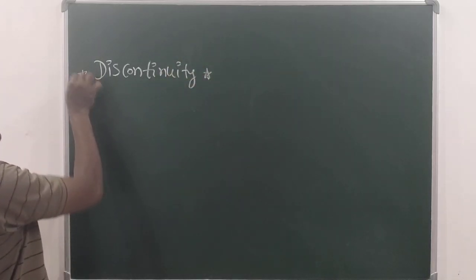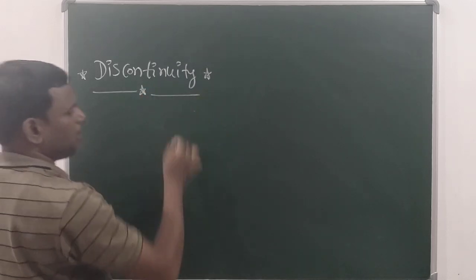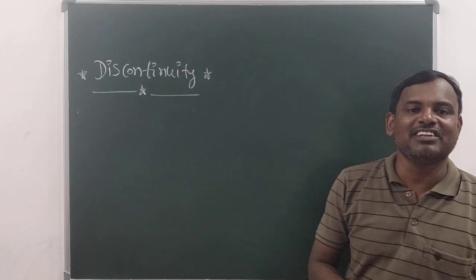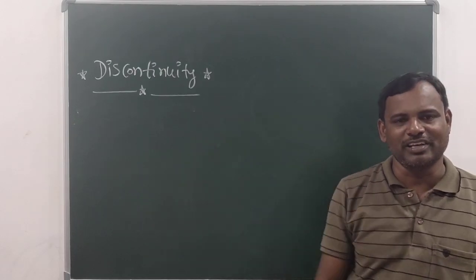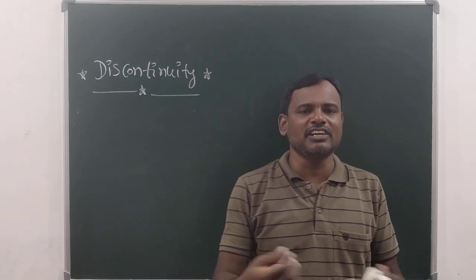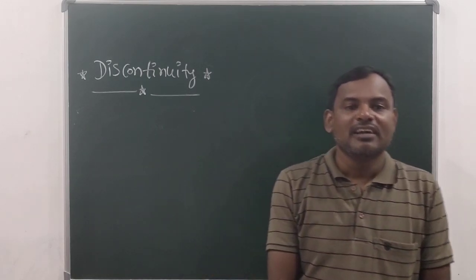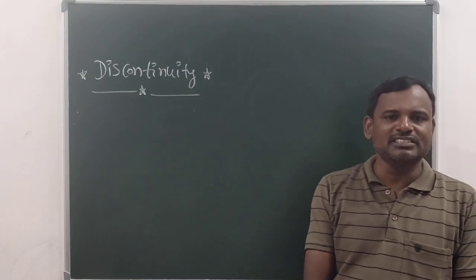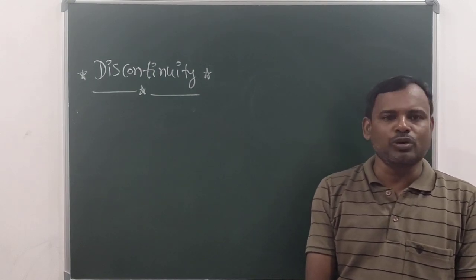Now, students, tell me, when do you say a function is discontinuous? Whenever that function is not continuous. If a function is not continuous, then obviously that will be called discontinuous. Okay, so under this discontinuity there are 2 types.